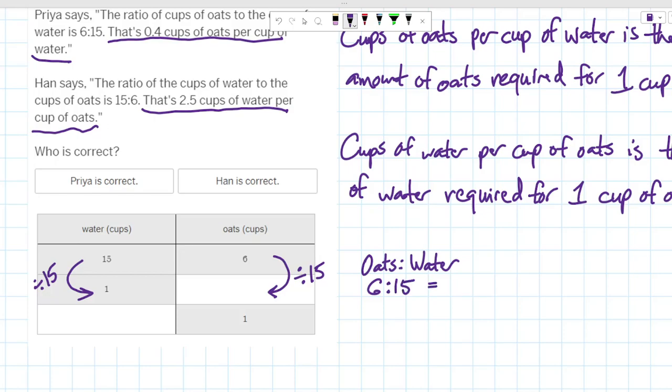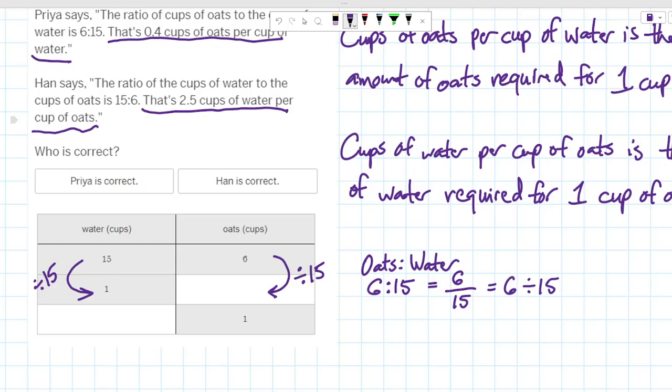And that's actually equal to the fraction 6 over 15, which is the same as 6 divided by 15. And that's what we're doing here, is we're going to take 6 divided by 15 to get this entry in the table. So what is 6 divided by 15?